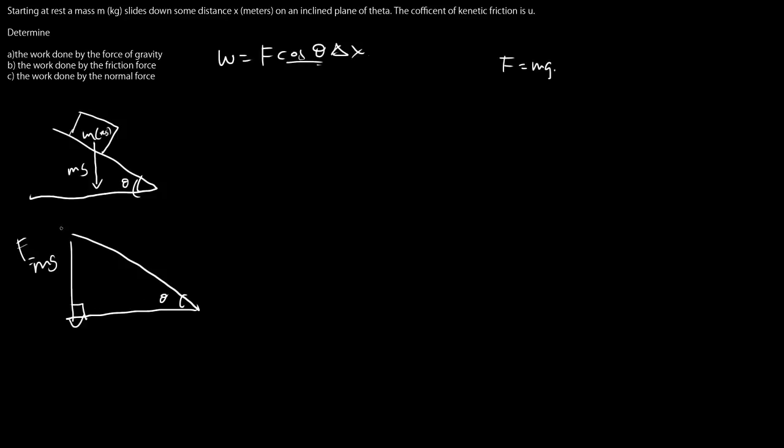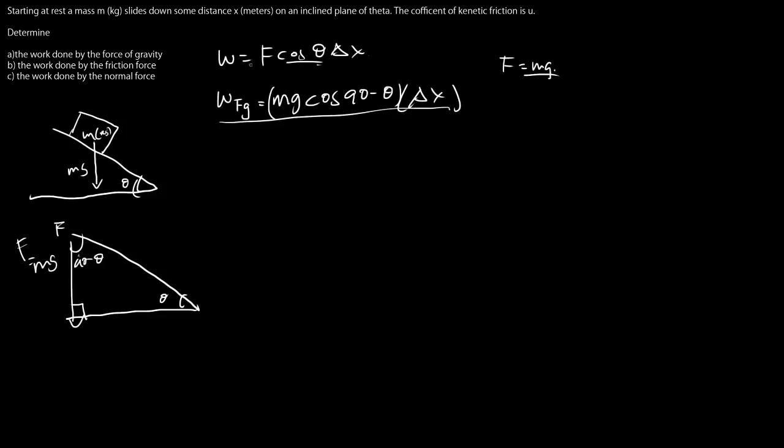This is a right angle, and we're only looking for the angle in this area. If you know this is 90 degrees, then this angle is 90 minus theta. So the work done by the force of gravity is mg times cosine of (90 minus theta) times change in distance x. And this is how you would solve for the force of gravity.